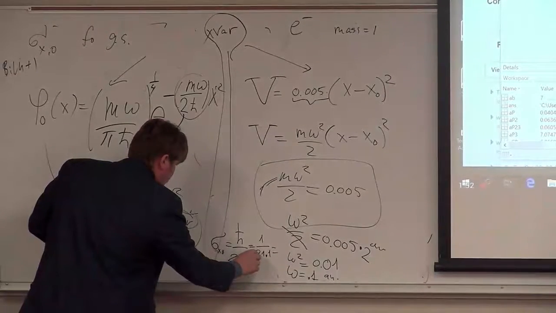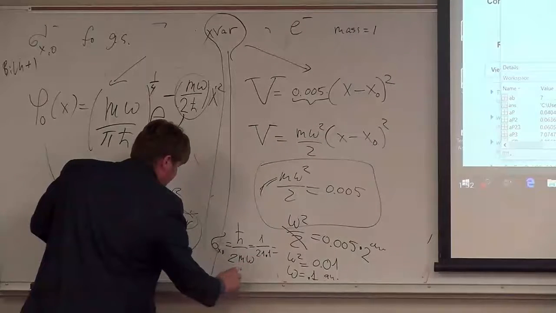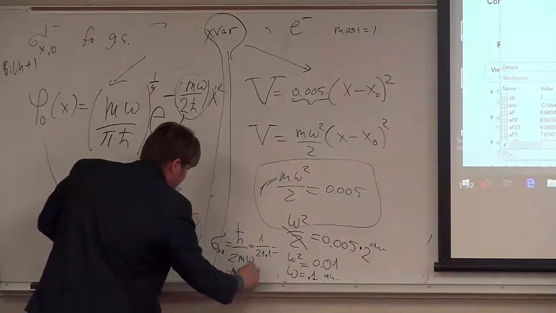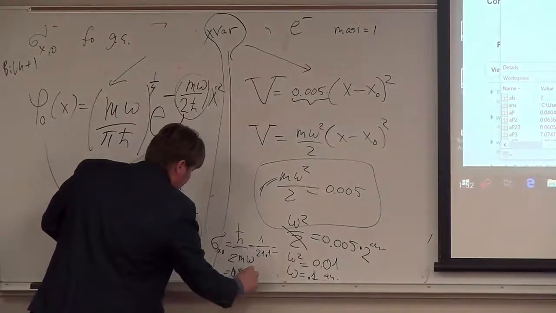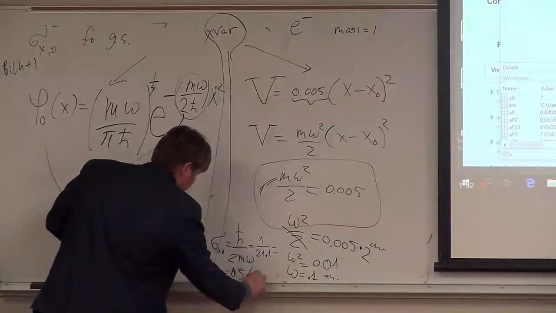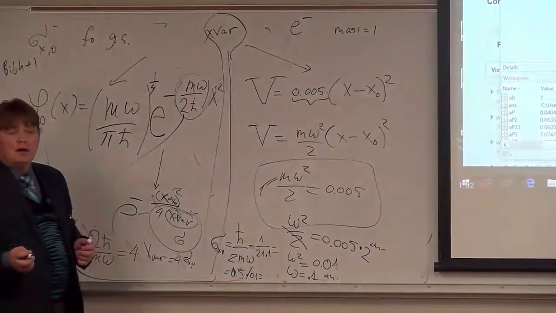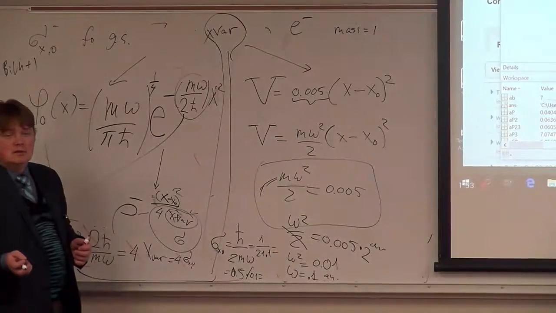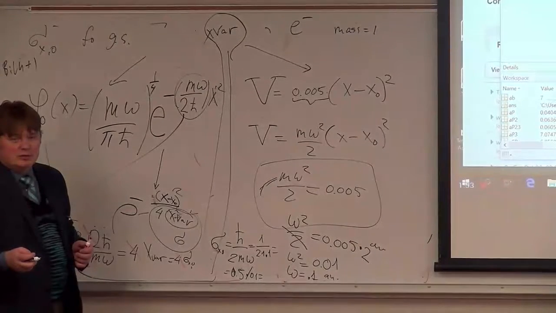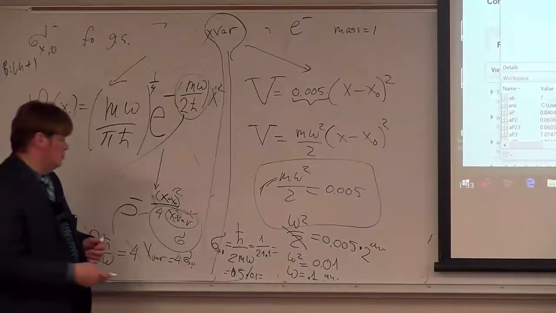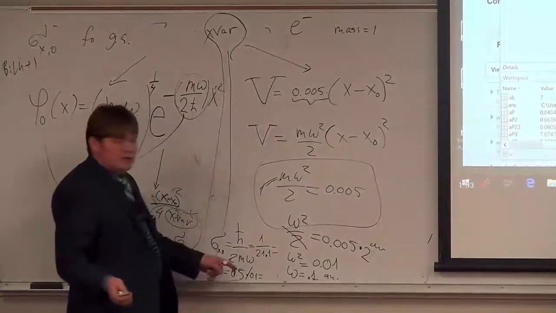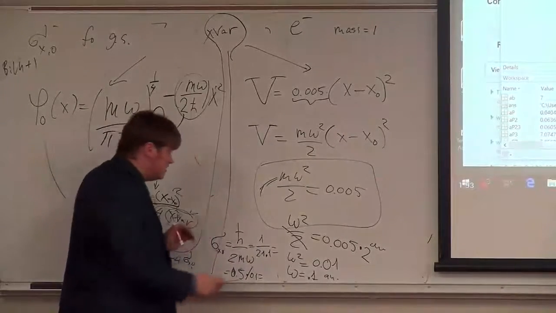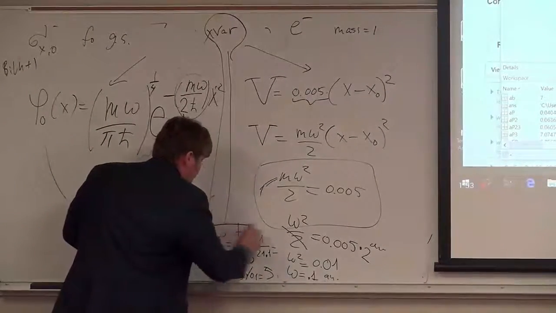So 1 divided by 2 is 0.5, and 0.5 divided by 0.1 will be how much? Dividing by 1/10 is the same as multiplying by 10, right? Okay. So 0.5 multiplied by 10 will be 5.